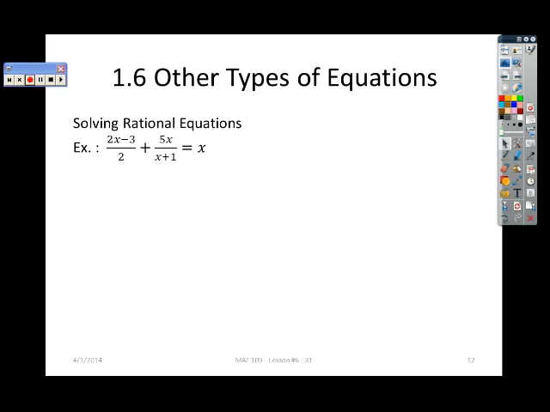So I want 2 times x plus 1. That's my LCD. So what do I do with that? Times what? This one? Every one of them.